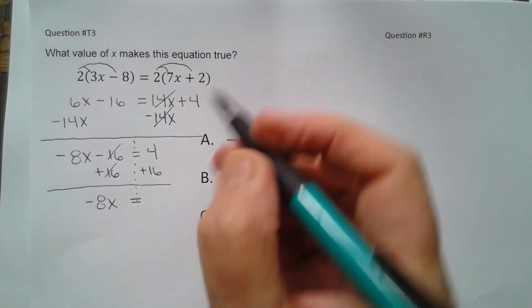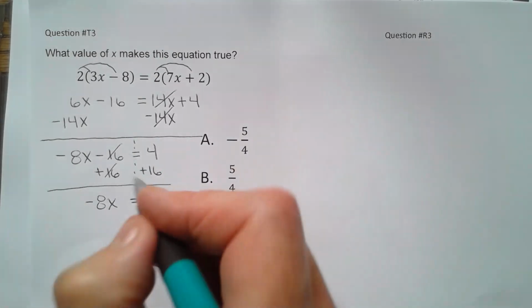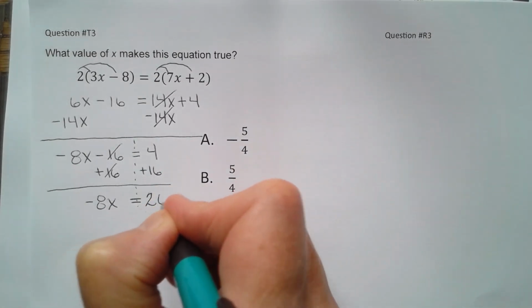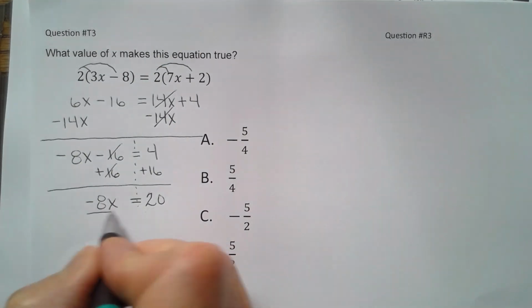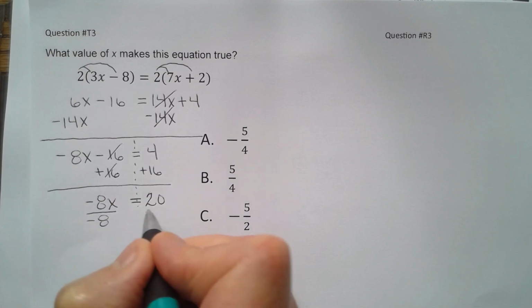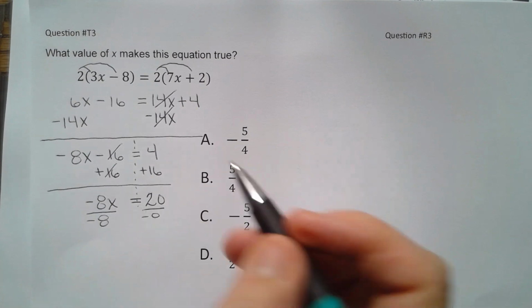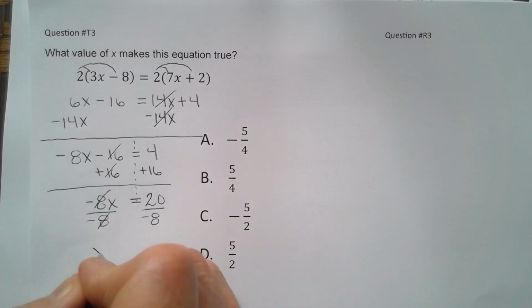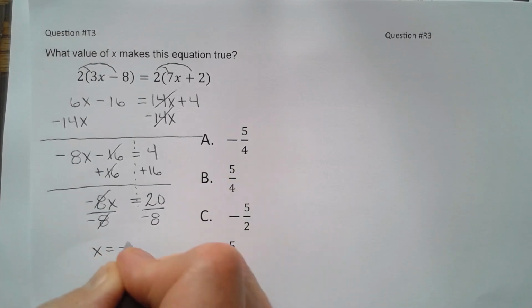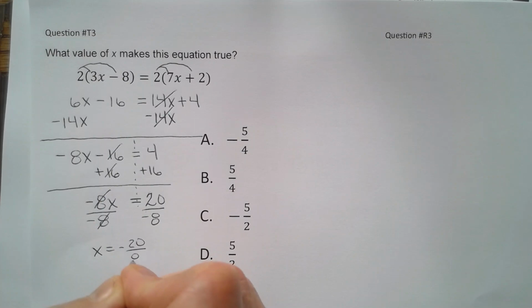Bring down your equal sign. We're going to combine these and we get a 20. And last step, we're going to divide both sides by negative 8. And we get x equals negative 20 divided by 8.